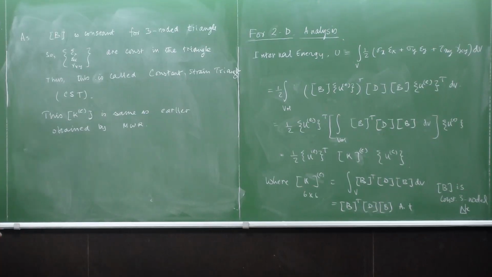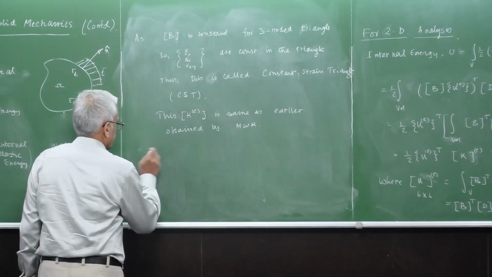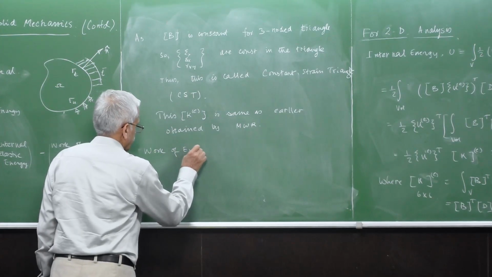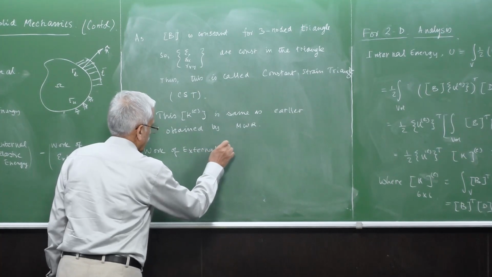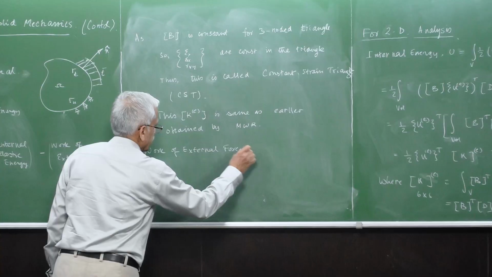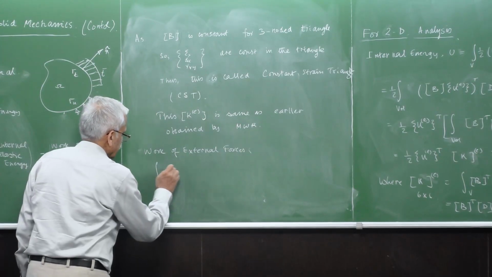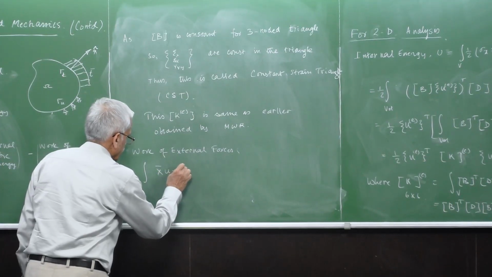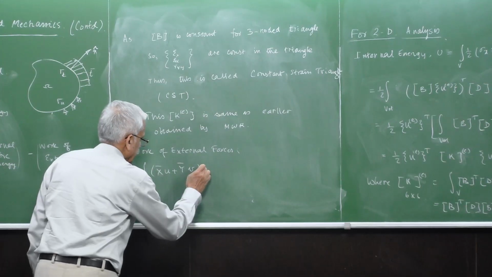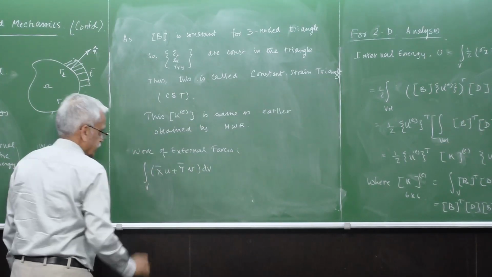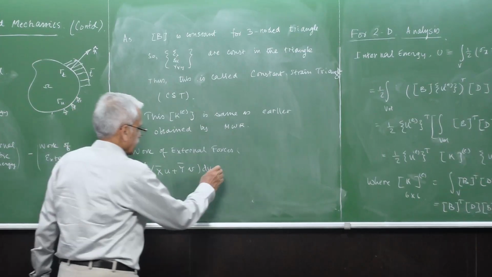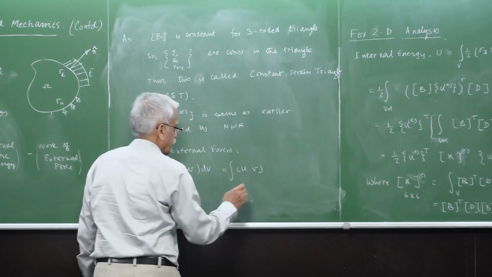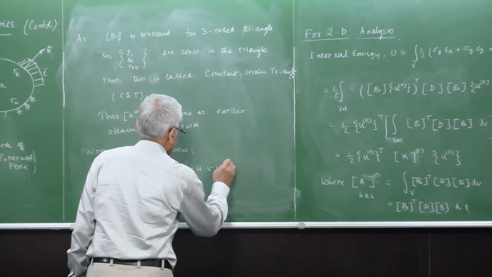So apart from this, now we have the other work of external forces. So let's look at this one. So this is now x bar u plus y bar v, and again integrated over the element, which can be written as a row matrix UV multiplying X bar.